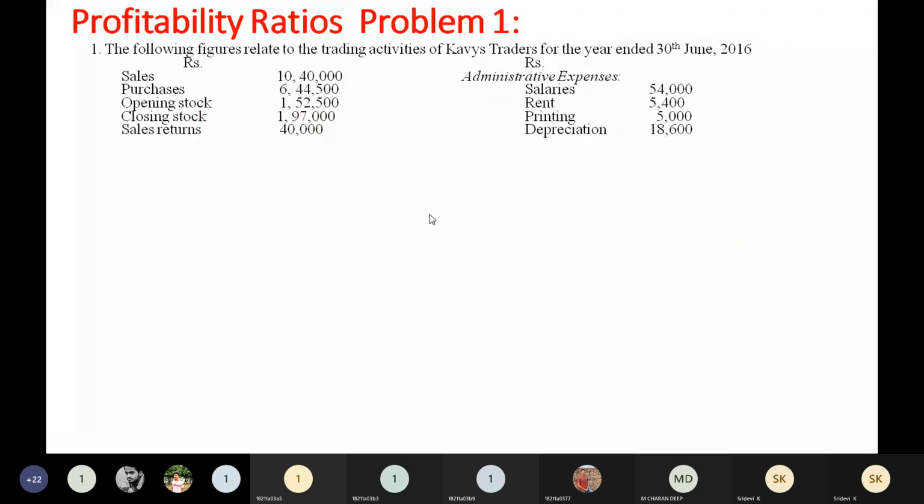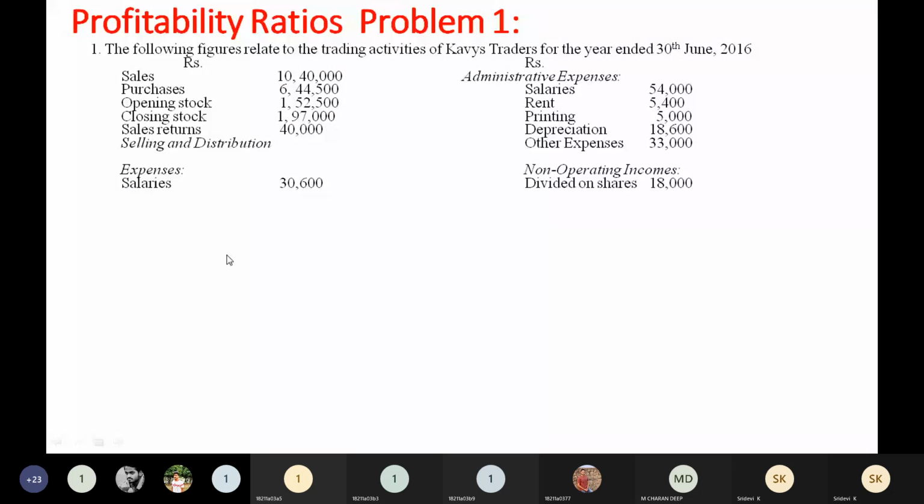Sales return is given; depreciation won't come under administrative expenses. Selling and distribution expenses are given. Under this they have given you separately expenses and non-operating incomes. What was shown here under expenses comes under the expenses, and under non-operating incomes, dividend on share.